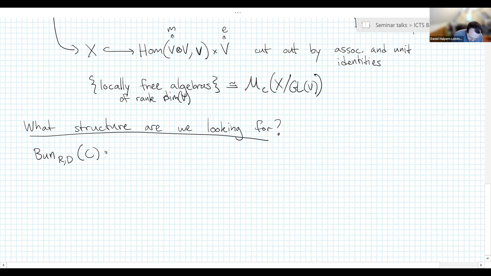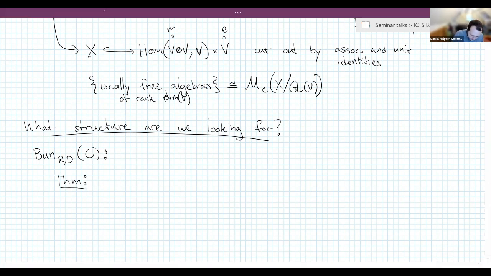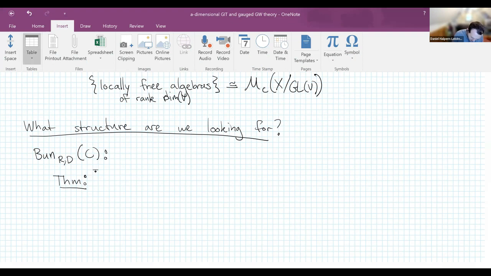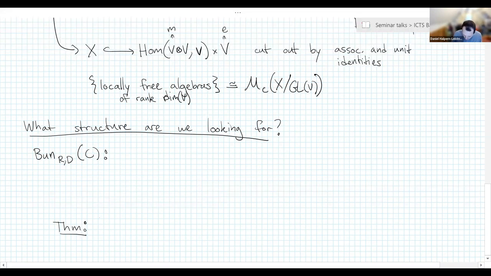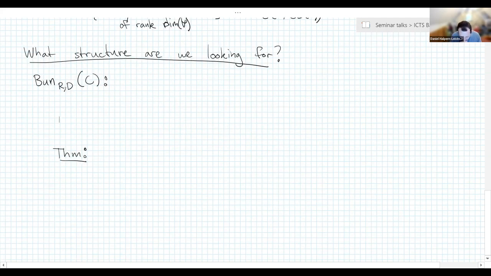For this moduli problem, there's the Harder-Narasimhan theorem. Before I state this, a vector bundle on a curve has two topological invariants: it has a rank and a degree.